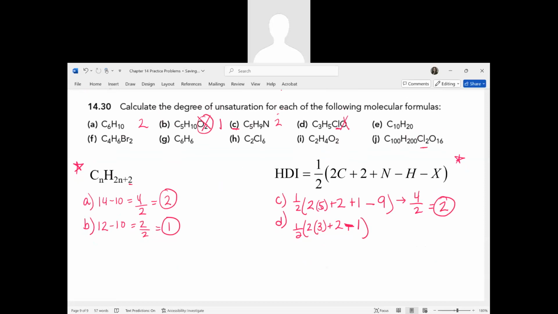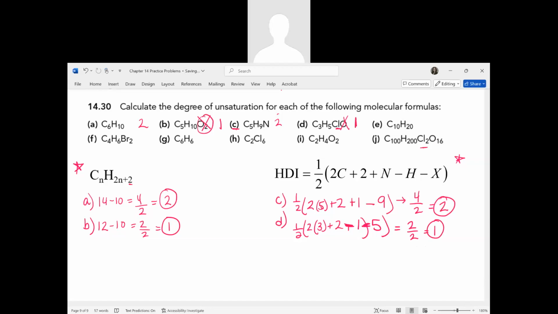Oh, I just forgot to subtract my hydrogens as well. So minus 1, minus 5. We have 6 plus 2 is 8, minus 6 gives me 2. 2 divided by 2, I have my deficiency index of 1.